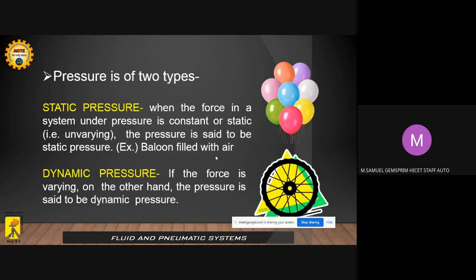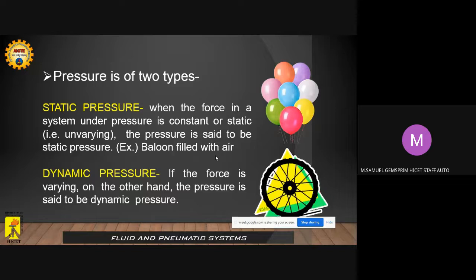Basically the pressure can be classified into two: static pressure and dynamic pressure. As we know about the terms static and dynamic, static means the pressure is constant, not varying. A good example is a balloon filled with air.